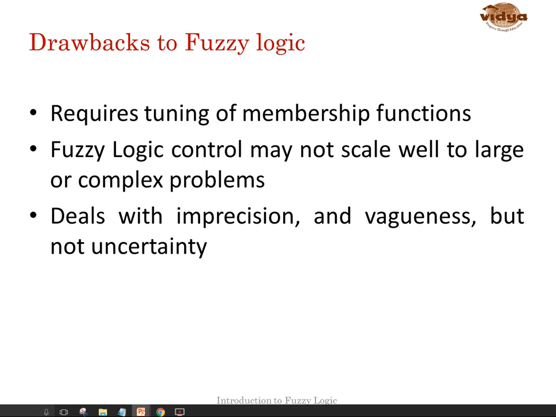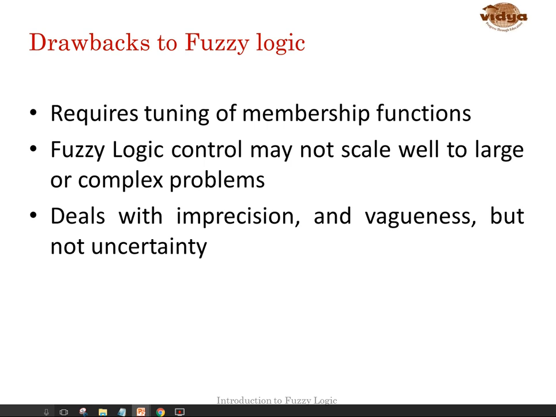If you don't find it convenient to map an input source to an output space, you cannot use fuzzy logic, because if you are not sure that these are the inputs and this much variation will exist to produce an output, you cannot apply it. Fuzzy logic should not be used when you cannot use your own common sense. That is very important. Your common sense plays a very important role.